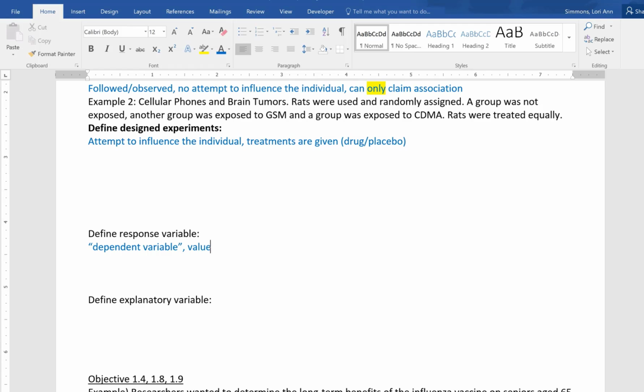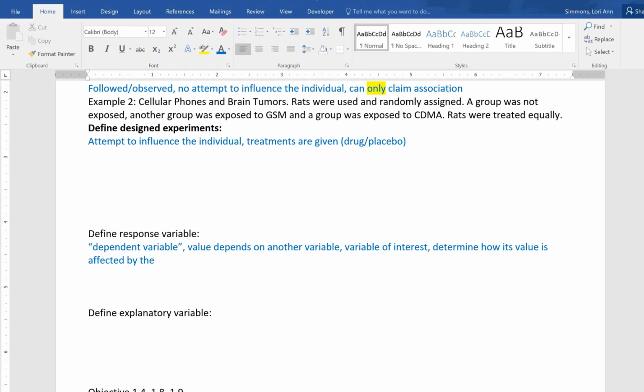The value depends on another variable. It is the variable of interest, and you determine how its value is affected by the explanatory variable.